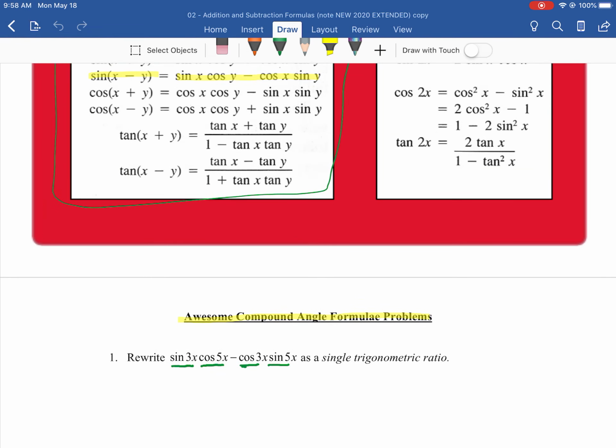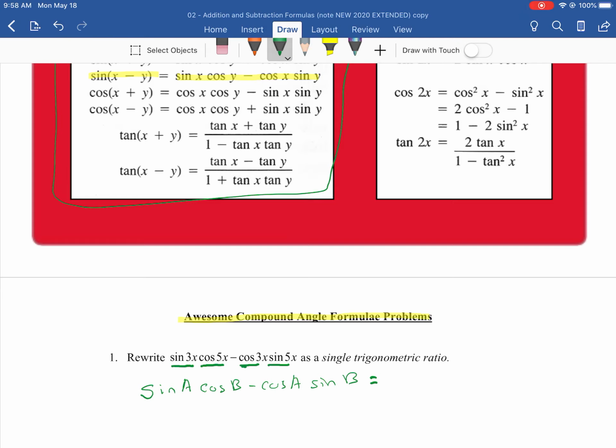Okay, so where was I? I was trying to establish that I'm going to write down that formula right there, but I'm going to write the right-hand side of it first using A's and B's. So I've got this formula, sine A instead of X, cos B instead of Y, minus cos A sine B. Okay, all I've done is write the right-hand side of that formula, but with A's and B's instead of X's and Y's.